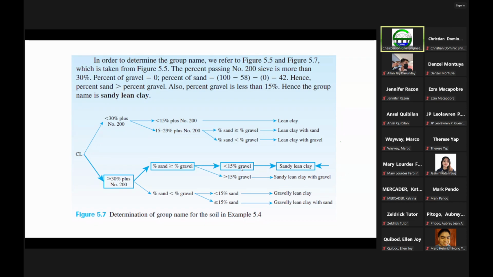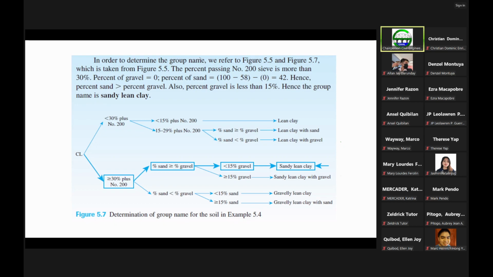Moving further, you have to check again if you have less than 15% gravel or greater than 15% gravel. In this case, our percent gravel is zero, so it's less than 15%. So that means we follow this path. Finally, our group name is a sandy lean clay material. Okay, sandy lean clay.